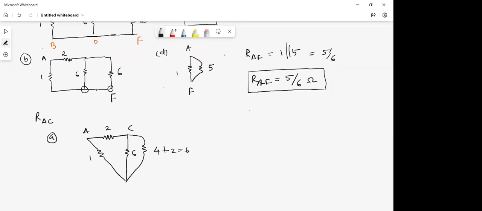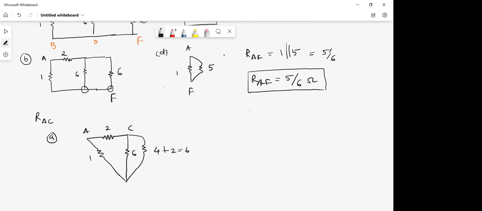Okay, could you understand this part? What I have done? Yes, sir. Everyone? See, I have taken something in series that was 4 and 2. So 4 and 2 are in series, gets me 6. 6 is in parallel with another 6. And we have one more piece of information that B, D and F are all together since they are shorted.